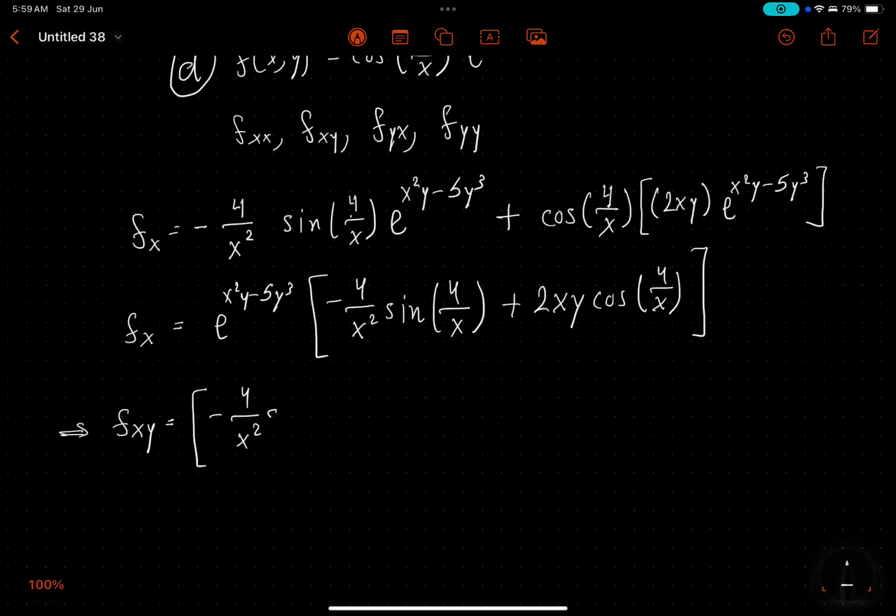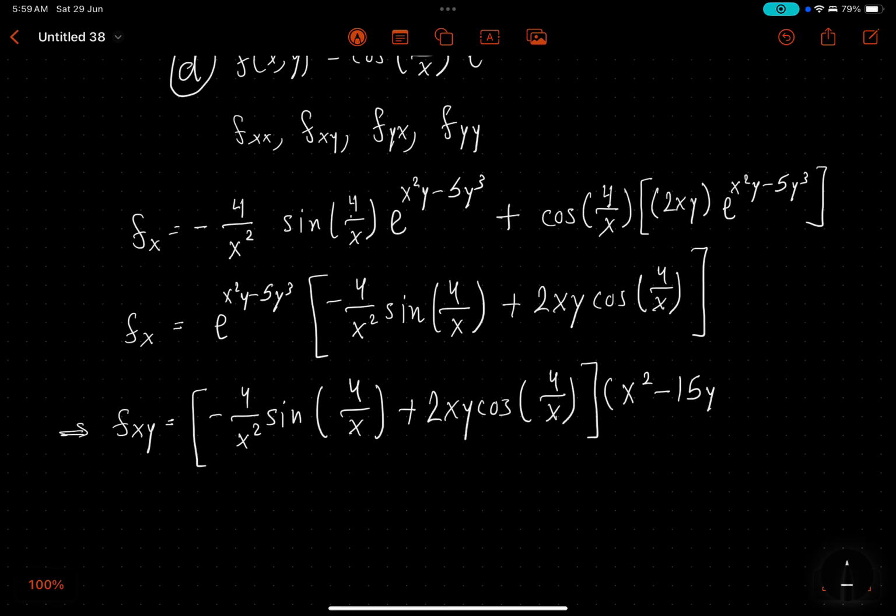x squared sine of 4 over x plus 2xy cosine of 4 over x. And then we're going to have x squared minus 5, this is the chain rule, 15 y squared e to the power of x squared y minus 5y to the 3.